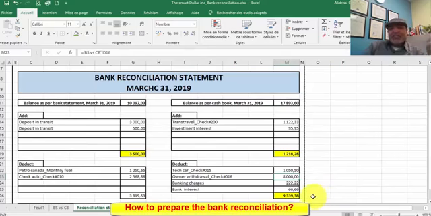Now we finish our bank reconciliation statement. We match, we balance any amounts displayed or mentioned in the company cash book versus the bank statement received from our bank or picked up from the bank website.